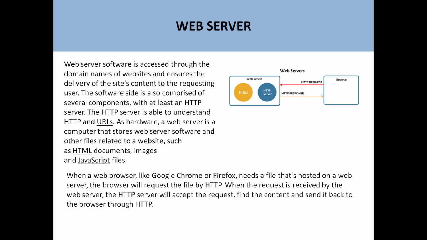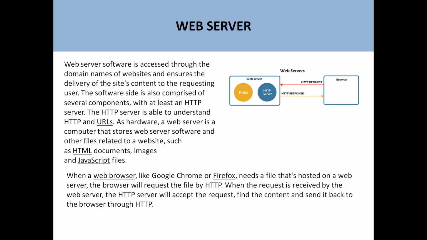Files contain the different images, the content, HTML documents, JavaScript files, etc. Here these things reside, and the HTTP server is the server which understands HTTP requests and URLs. All these things reside on a hardware that is called the web server.